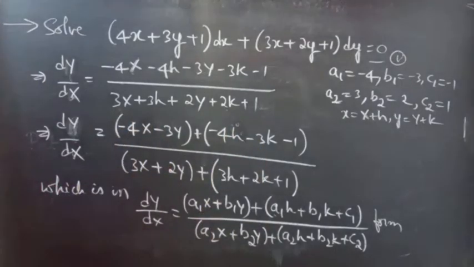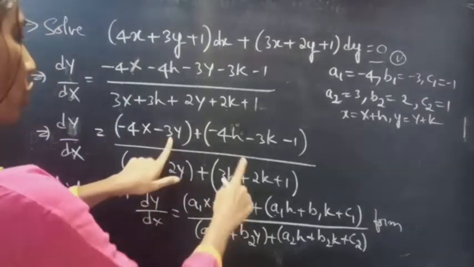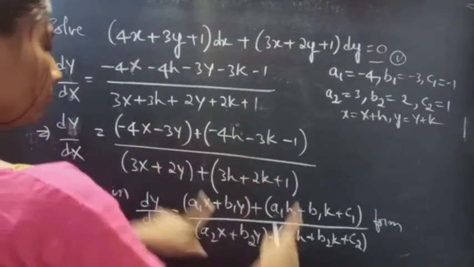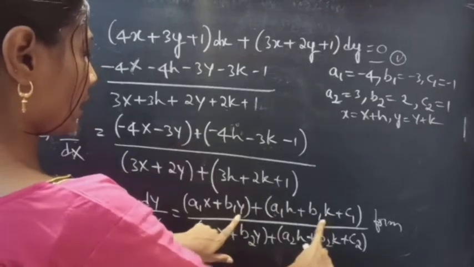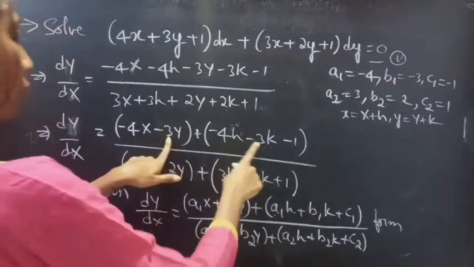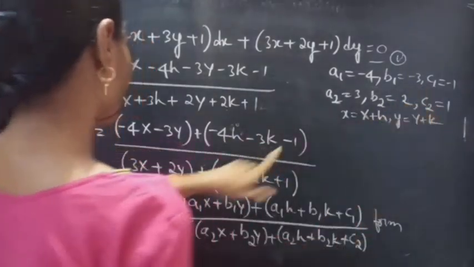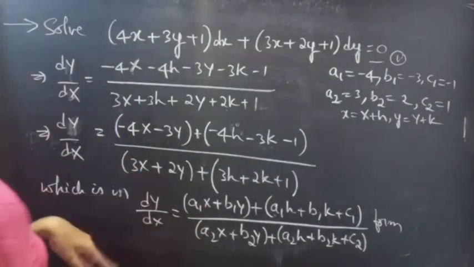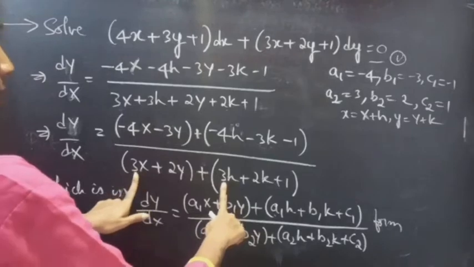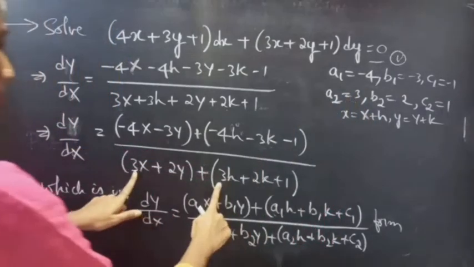Now, check the coefficient of y, which is minus 3. The coefficient of y is b1. We should get b1 equals minus 3. Fine. And here you'll get c1. And the coefficient of x in the denominator is a2, 3.